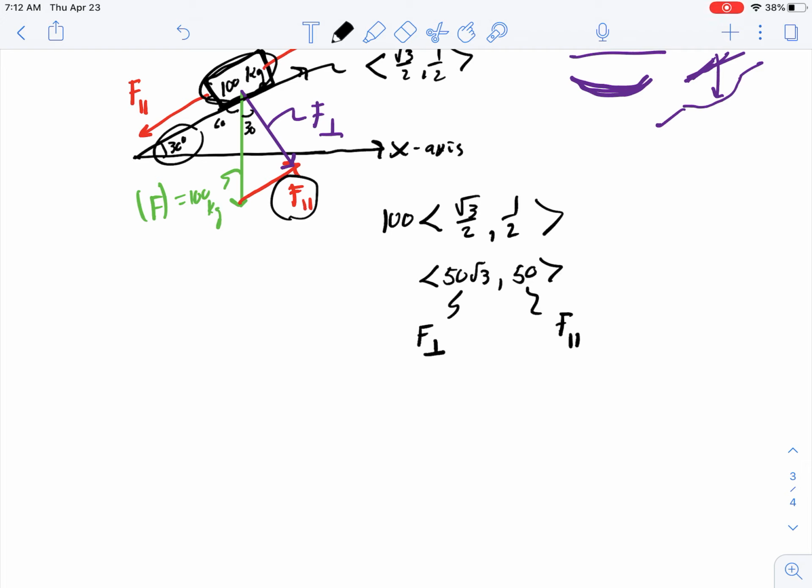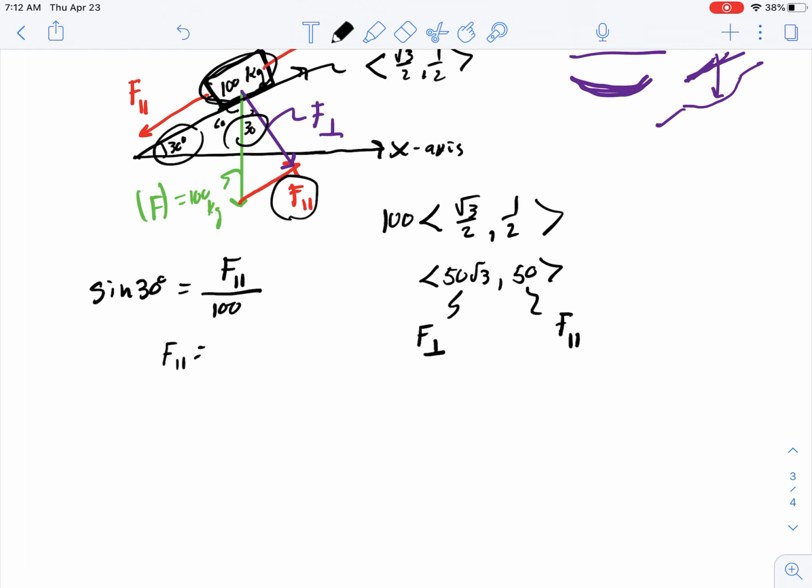Now, like I said, sometimes, if I'm teaching a trig class, and we haven't done components, obviously, one of the things I do is I say the sine of 30 degrees is equal to F, but I don't call it parallel because I haven't talked about it yet. But that would be my F parallel over 100.